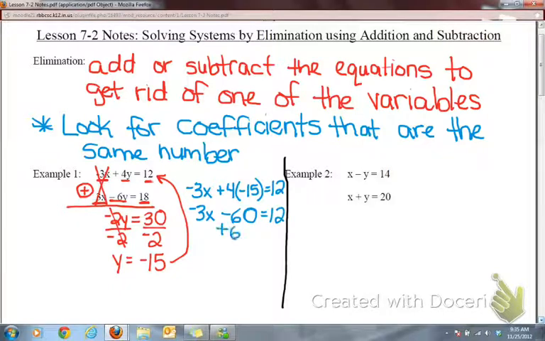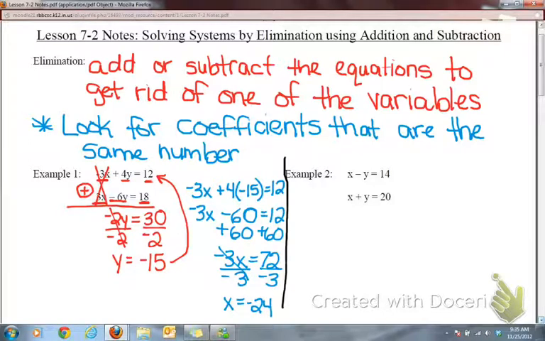Add 60 to both sides. So -3x equals 72. And feel free to use your calculator as you are working with your positives and your negatives. And as you are doing a little bit of adding and subtracting and maybe some dividing here, as we divide by -3, you should get that x equals -24.